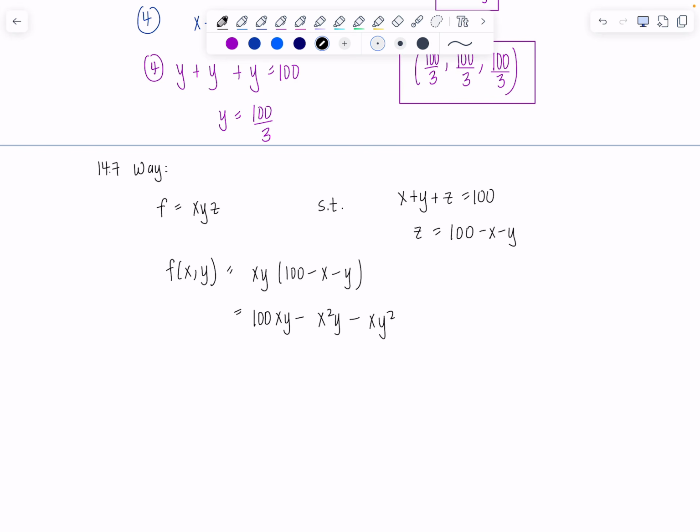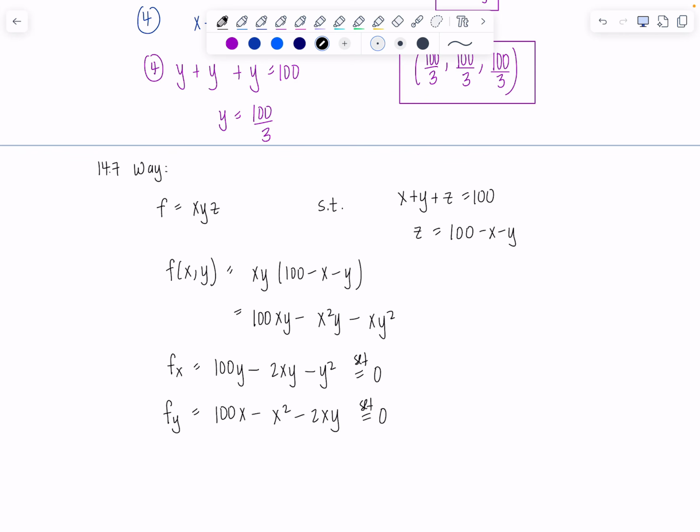Good? Okay, partial with respect to x, please. So 100y minus 2xy minus y squared. Perfect. Partial with respect to y: 100x minus x squared minus 2xy. Good. Both of these get set equal to 0.